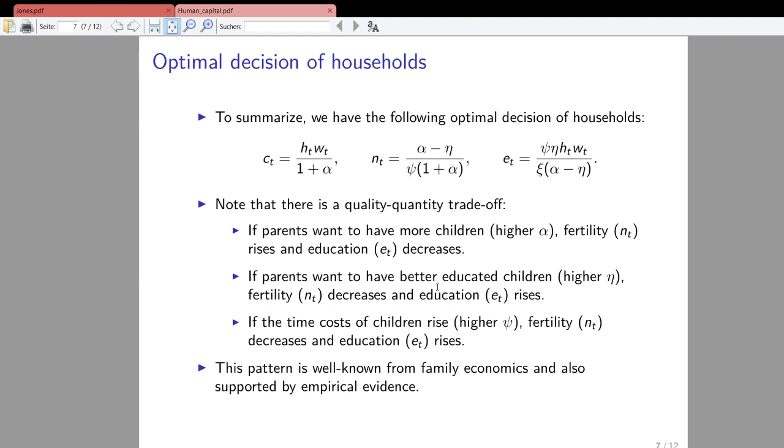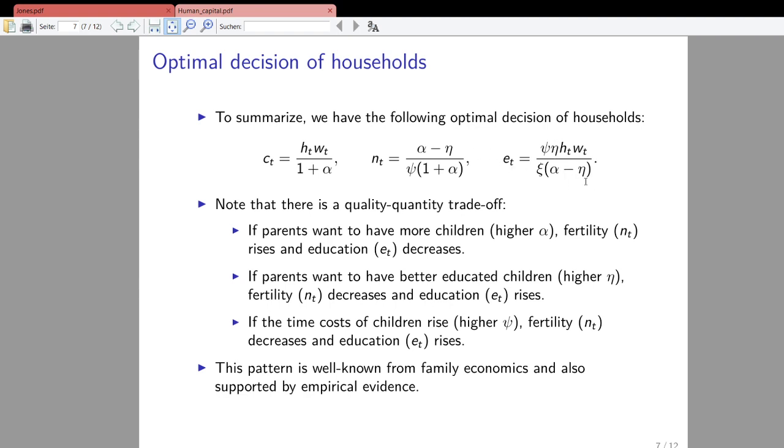Now the reverse holds true if parents want to have better educated children. In this case, they would have a greater weight on education in their utility function. So eta would be higher, ceteris paribus. Now, if eta is higher, we see here that fertility decreases, but education expenditures increase.